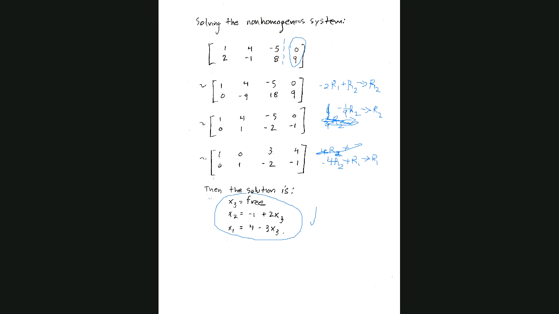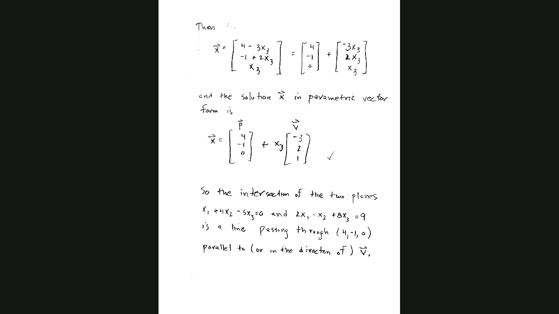All right. So then, here we go. Here's the solution vector. But now I have to write it as the sum of two vectors.